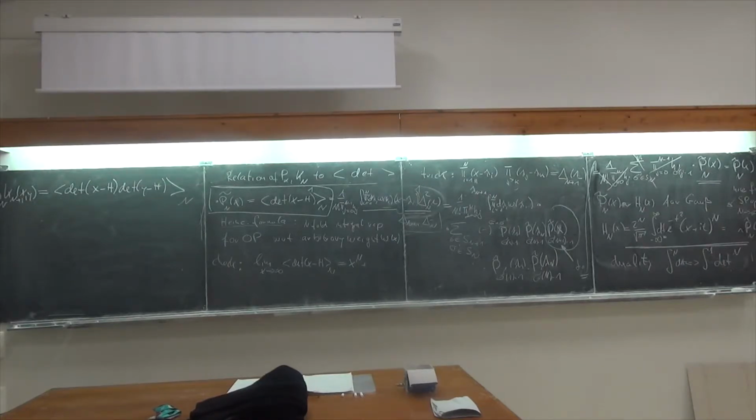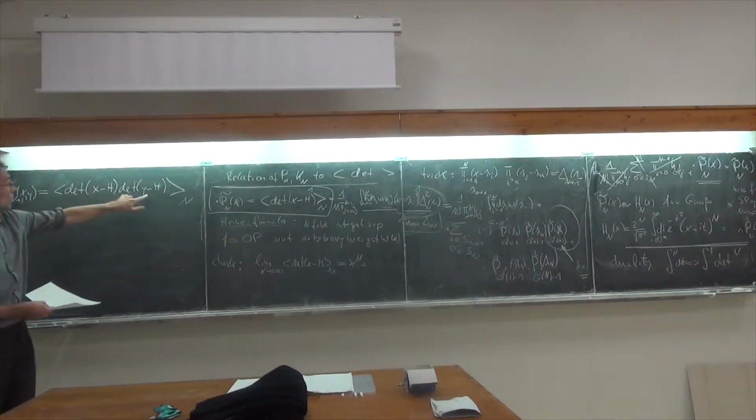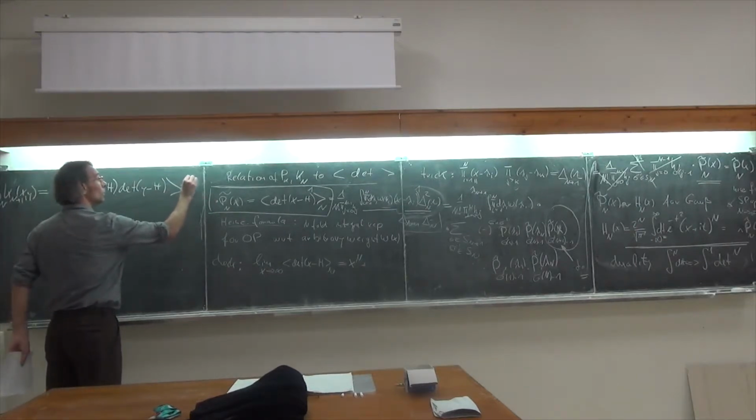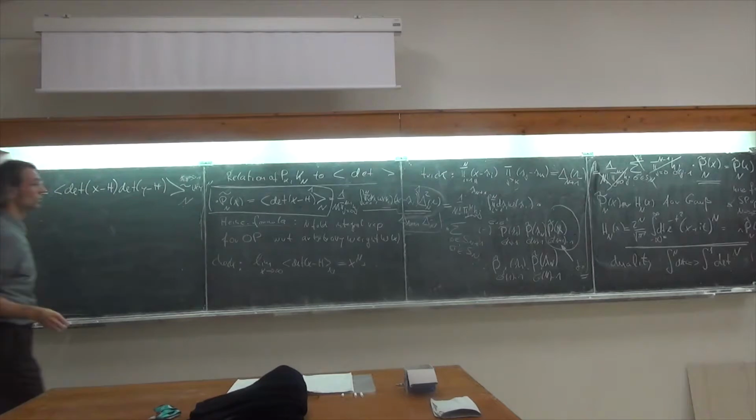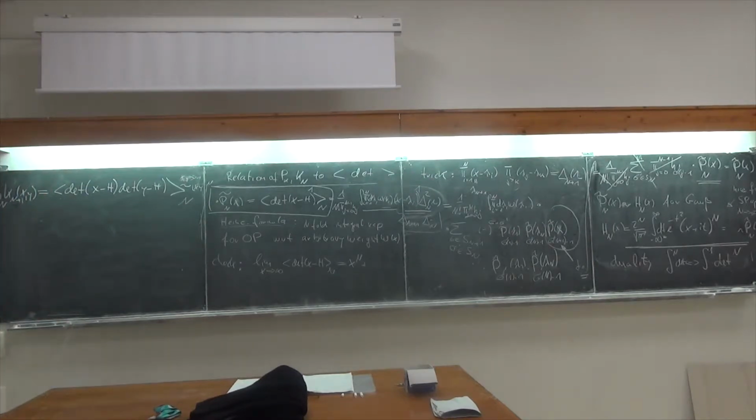I erased the kernel, but you remember the kernel now with n plus 1 has the highest polynomials of degree n, and the leading power of them will of course be x to the n, y to the n, divided by the norms, because they are also normalized, so divided by h n, that cancels this one, and that scales exactly like this when x and y become large. So this will go like x y to the n. So at least the leading order term matches.